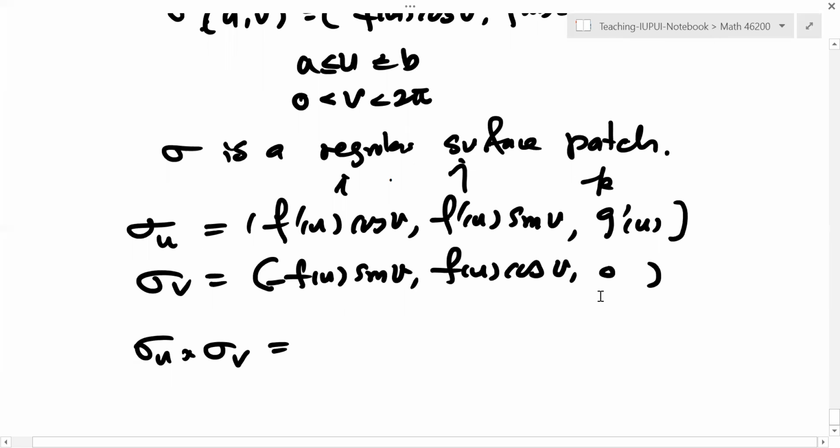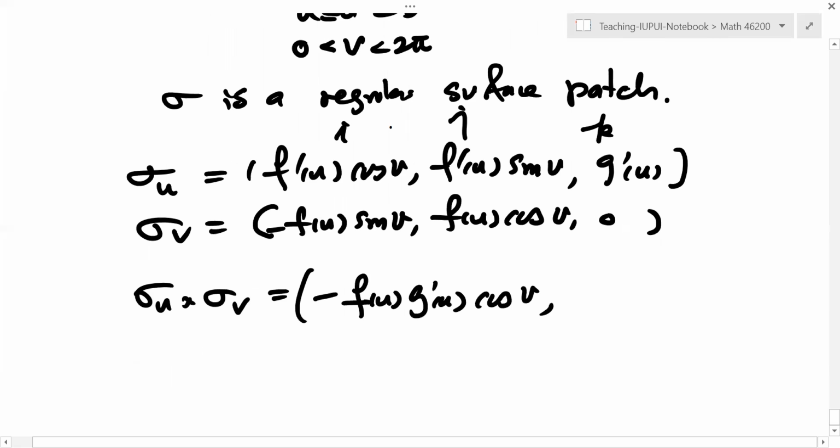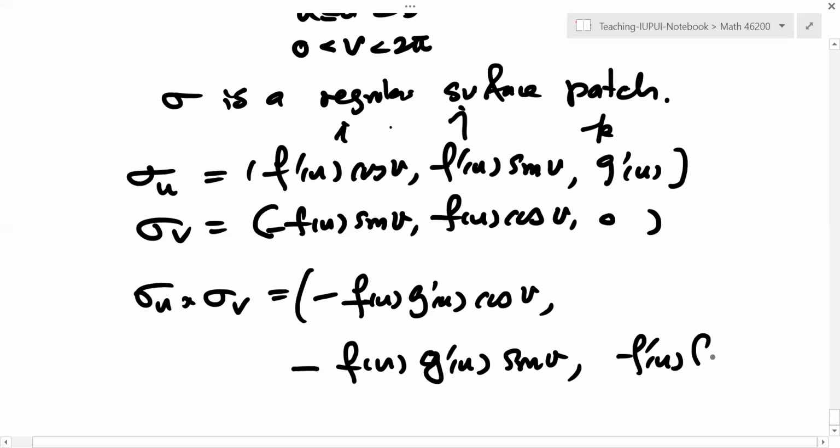The first component will be negative F u G prime u cosine v. The second component is also minus F of u G prime u sine v. The last component is going to be F prime F u. So those are the components.